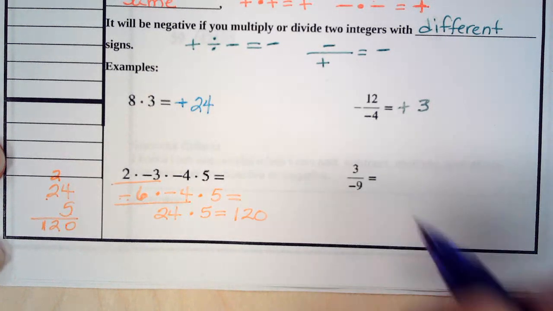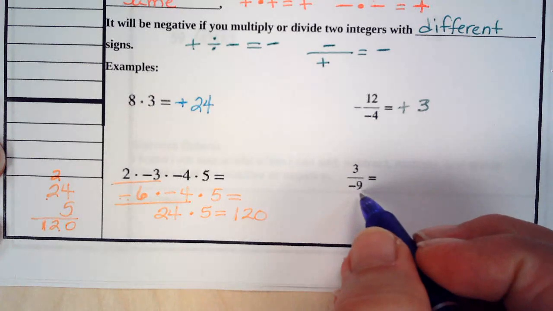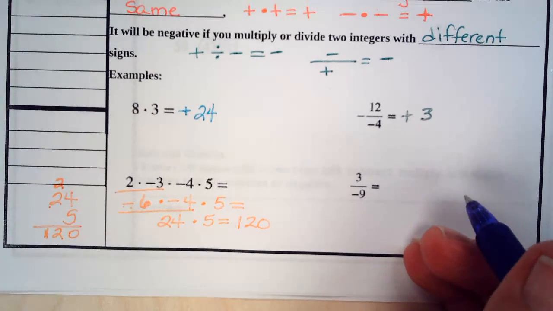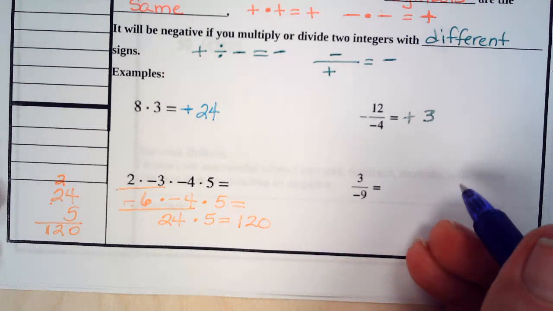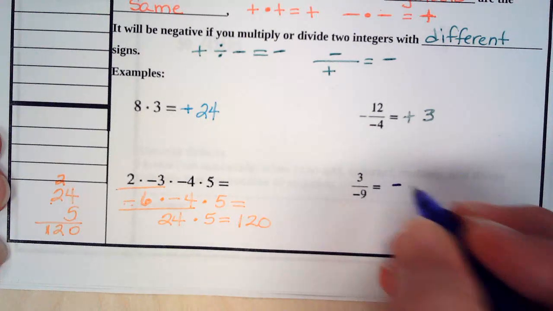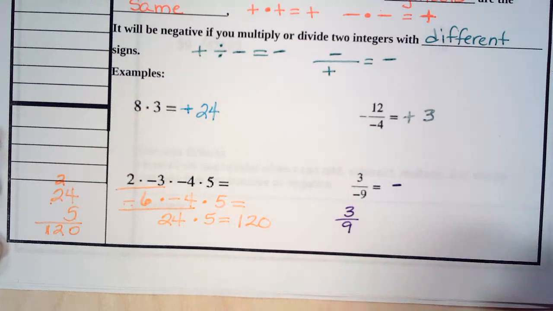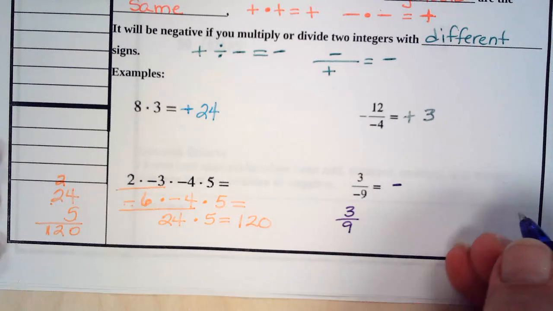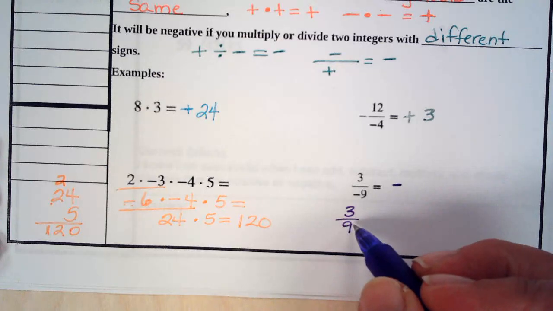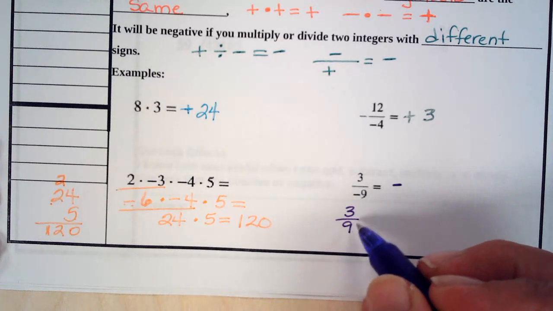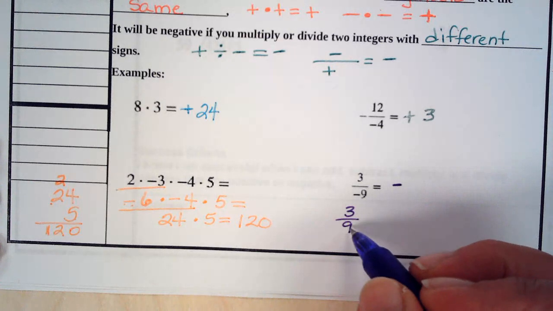For the last one, 3 divided by negative 9. Now I know it's going to be a negative number, so I'm going to put that there. I need to simplify. What is the greatest common factor? What number will go into 3 and 9 evenly?